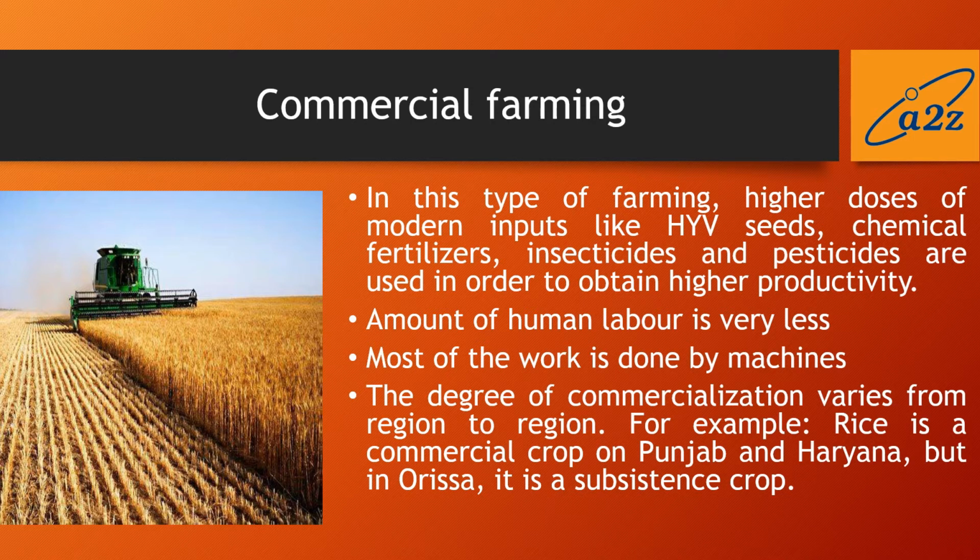Amount of human labor is very less. Also, most of the work is done by machines. The degree of commercialization varies from region to region. For example, rice is a commercial crop in Punjab and Haryana, but in Orissa it is a subsistence crop.